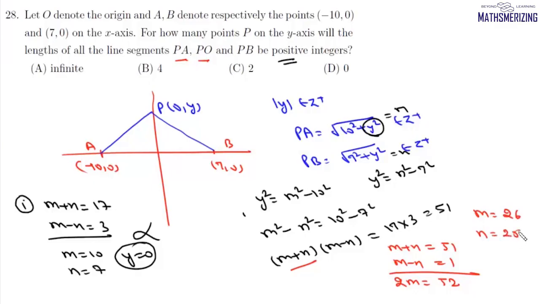So we'll have m and n as 26 and 25. Now we'll put the value of m or n, we'll get the value of y as 24. So y can take the value plus or minus 24. So there will be 2 such points, (0, 24) and (0, −24), such that PA, PO and PB are positive integers. So answer to this question is option C.